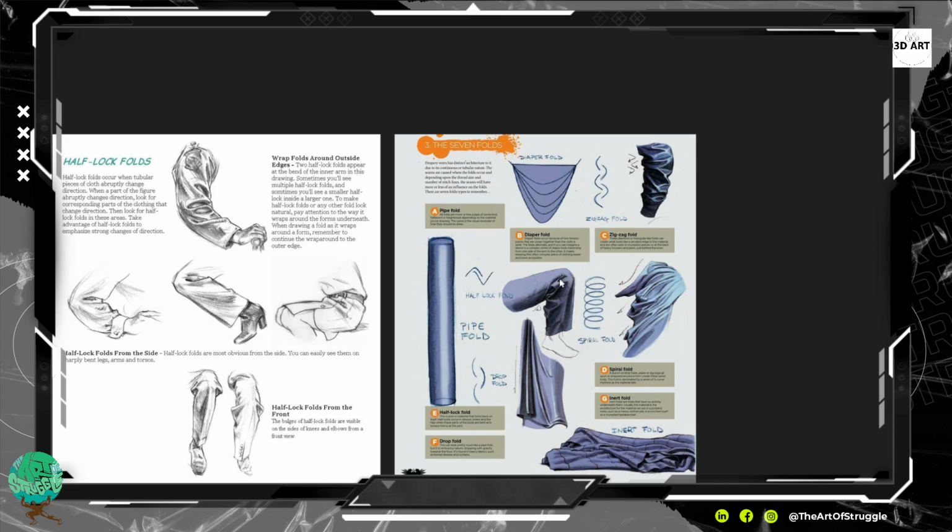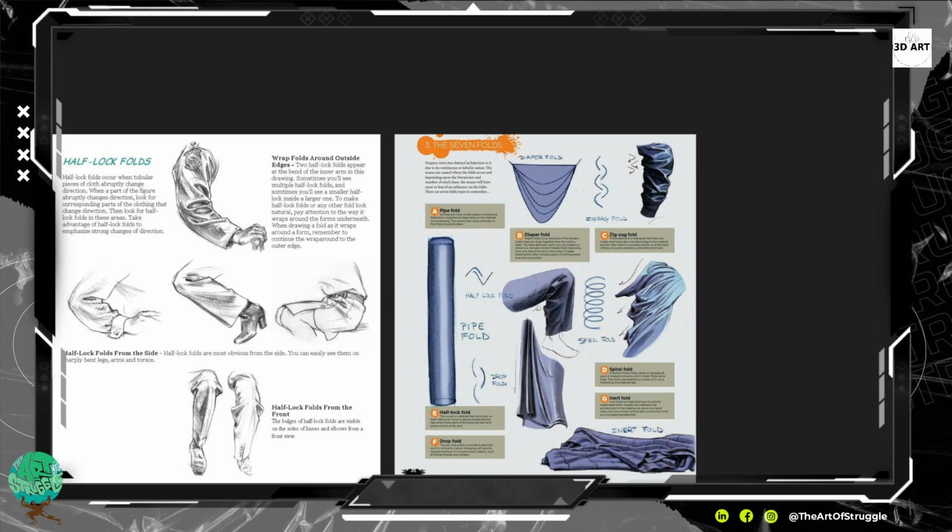So here's some more examples of that half lock. You guys can see that the tension area where the knee bends right there causes these to compress. Same here. Bend of the elbow, you're compressing, and then you get this half lock fold. All right.